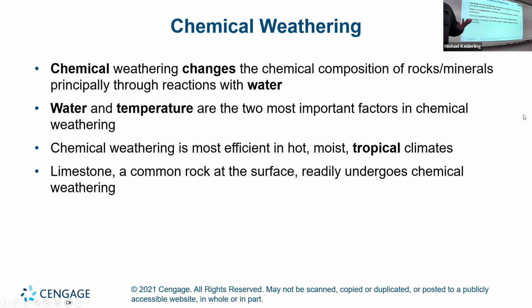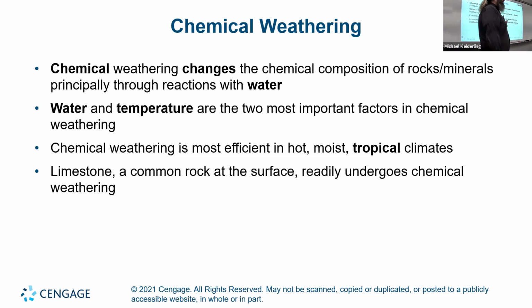Now, chemical weathering is when the chemical composition of a rock changes, principally through reactions with water, when some of the rock dissolves, usually. So the two most important factors in chemical weathering are water and temperature.